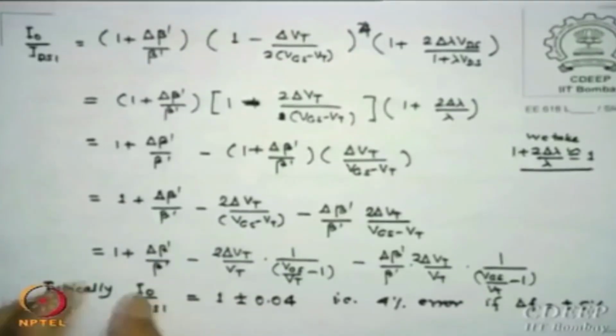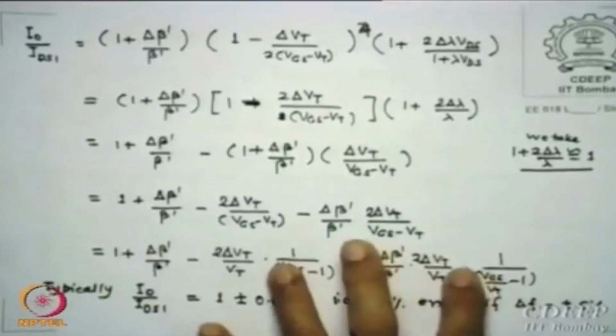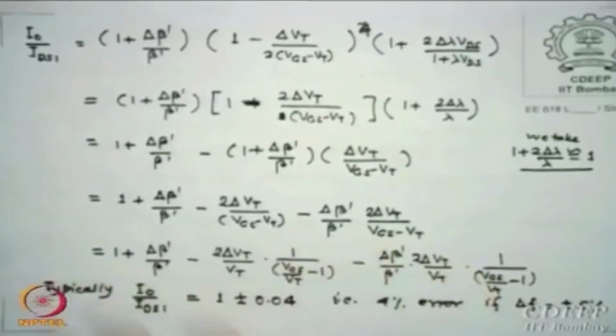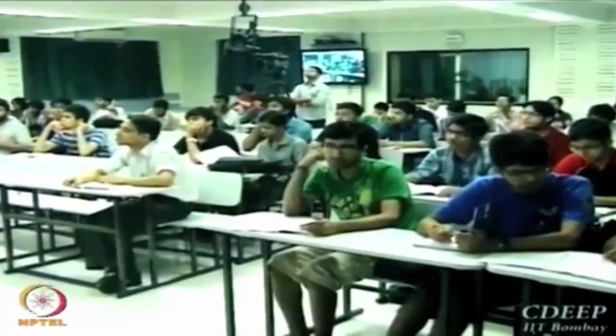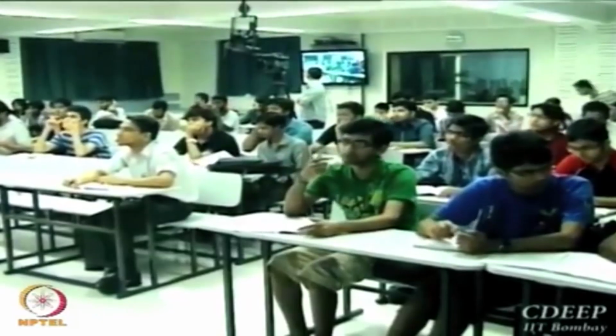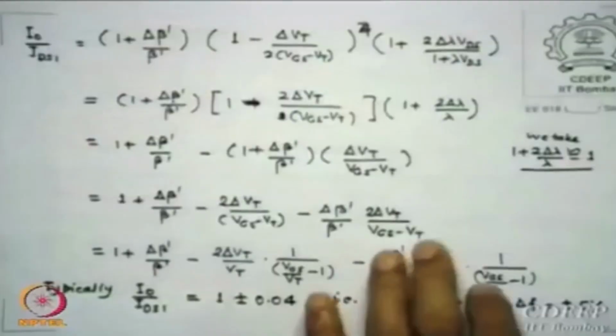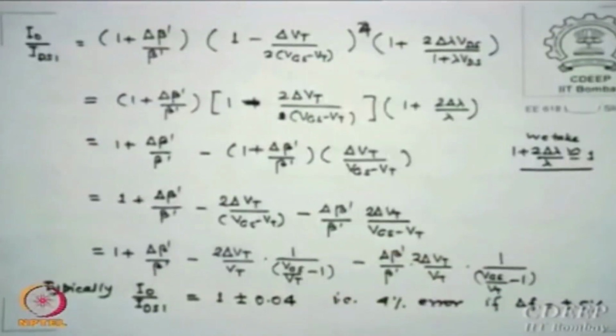So if I want to make this as small as possible, these two terms must be very close to this term. Is that clear? If that happens, you can adjust your lengths, widths, you can also adjust VGS, you can adjust Vt if possible, and then you can minimize the effect of variations.